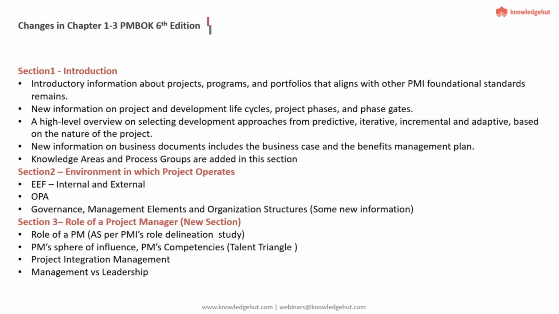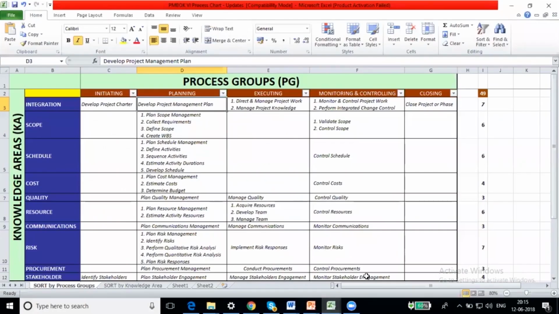All those basic discussions are covered in the first chapter. Plus, the most important thing they have added in the first chapter, which typically used to be in the 3rd chapter till the 5th edition, is that process table which I showed you, and the description of the process, 5 process groups, 10 knowledge areas.